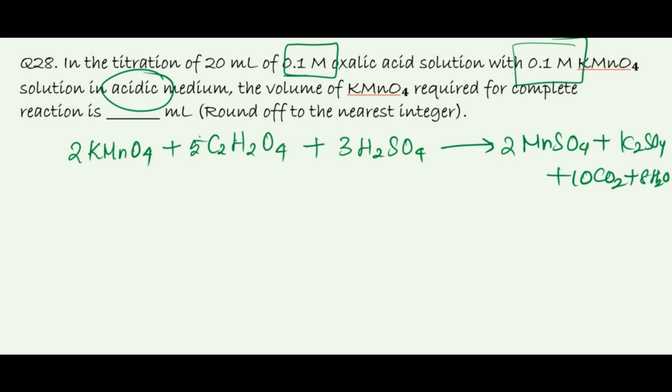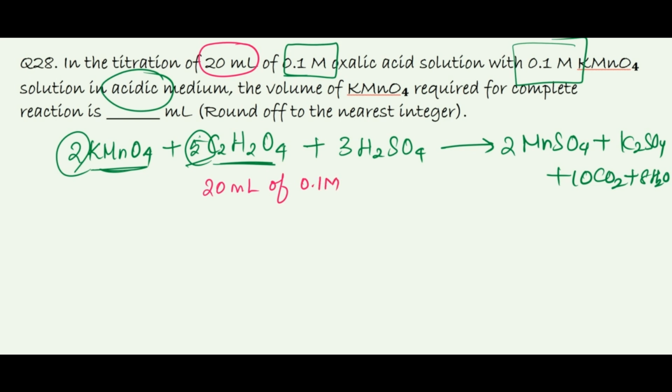Look closely. Once the reaction is balanced, you can see 2 moles of KMnO4 is required to react with 5 moles of oxalic acid. Correct? Here they have taken 20 ml of oxalic acid.